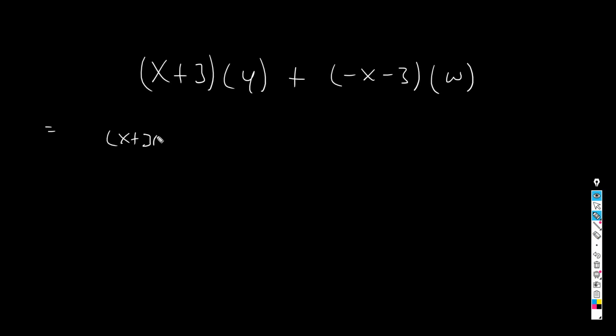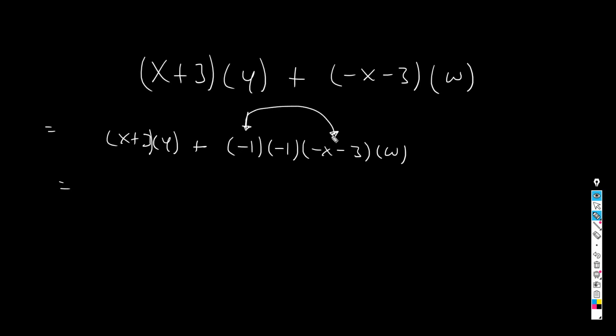So we have x plus 3 times y plus double multiplication by minus 1. So I'm gonna go minus 1 times minus 1 times minus x minus 3 times w. One of these minus ones, I'm gonna use to multiply with this factor, and the other one I'm gonna use with this one.